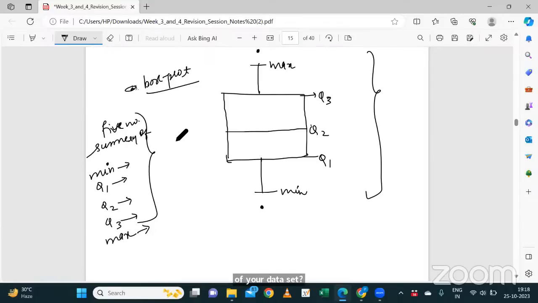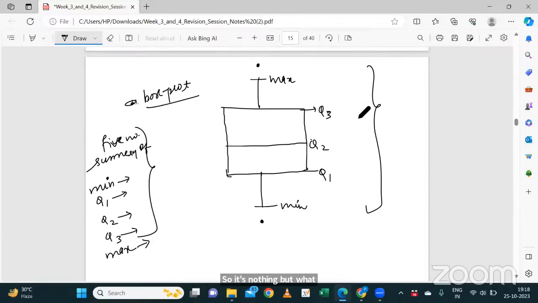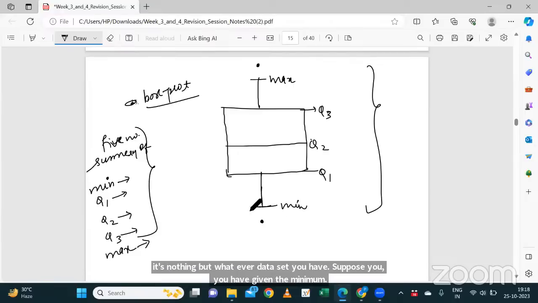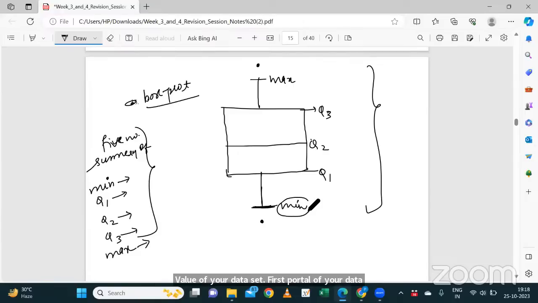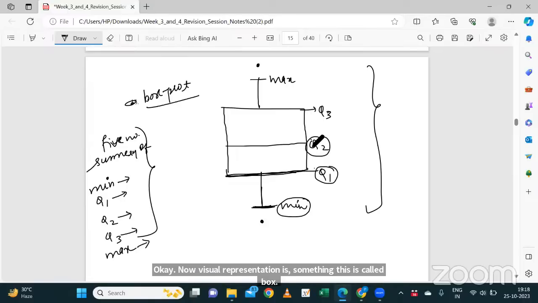Now the visual representation is called the box plot, and it looks something like this. This represents the minimum value of your data set, and the lower part of this box represents Q1, and Q2 will be in between Q1 and Q3. Can you plot the box plot for the above example?